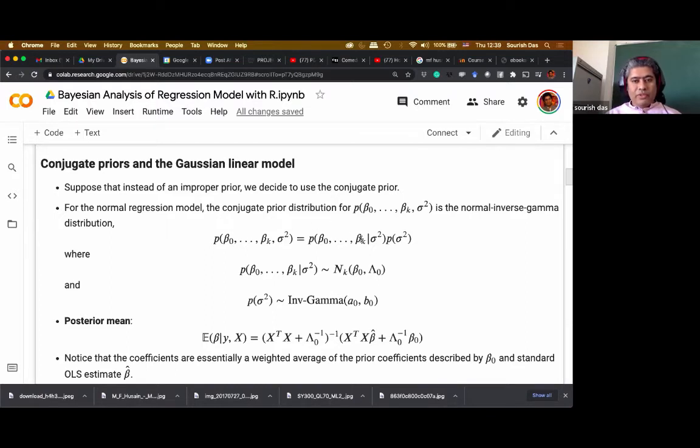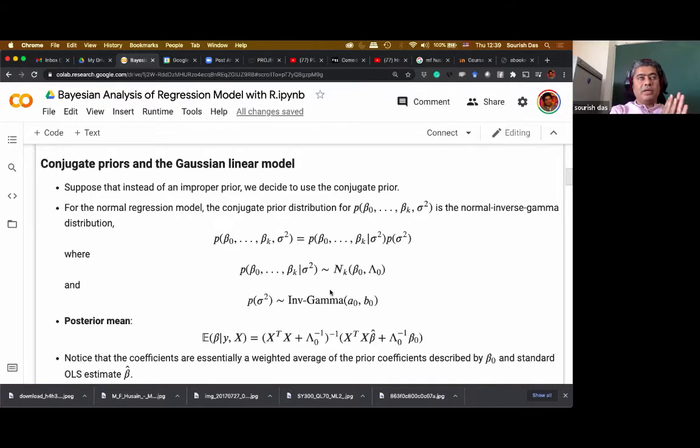It turns out that if you do this trick, you can write this joint distribution in this way: beta naught, beta 1, beta k given sigma square, times p of sigma square. And then you can assume a k-variate normal on beta 1 to beta k given sigma square. I'll talk about how to assume beta naught, lambda 0 and all these things. And for sigma square, we assume inverse gamma A0, B0. So basically, I'm just assuming a k-variate normal on the coefficients and an inverse gamma.